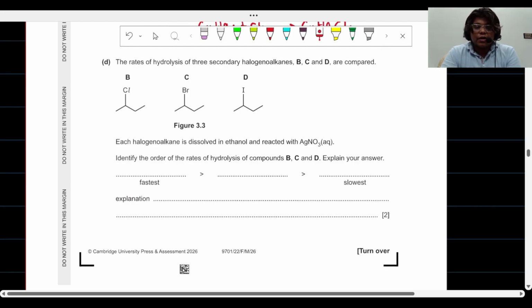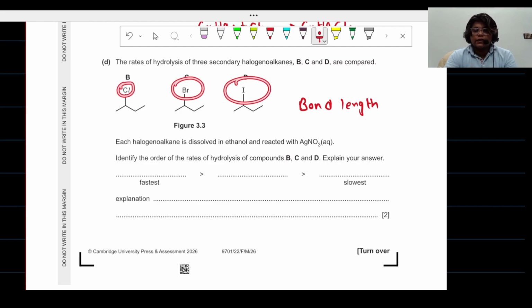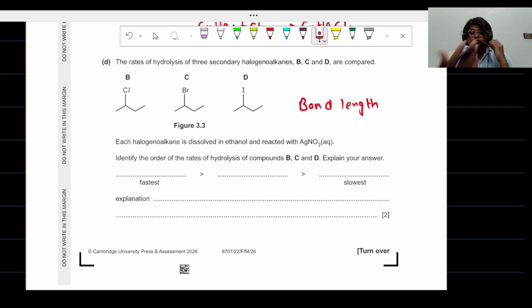So here, remember that this rate of hydrolysis depends on bond length, right? It does not depend on the polarity. It depends on how strong your bond is, right? So the chlorine, the bromine, and the iodine, the sizes of these atoms increase from chlorine to bromine and then to iodine. So due to that increase, the bond length, which is the distance between the nuclei of the two covalently bonded atoms, increases, right?